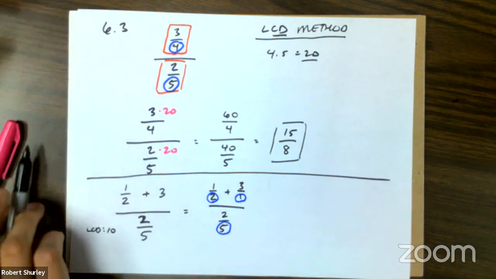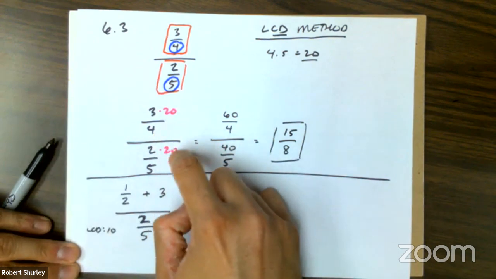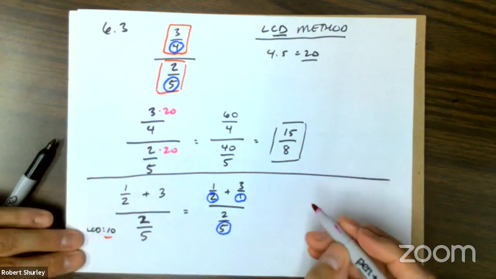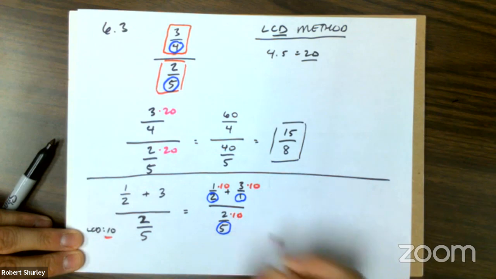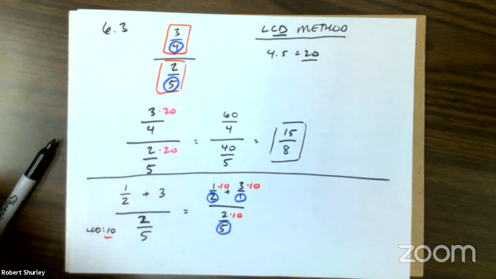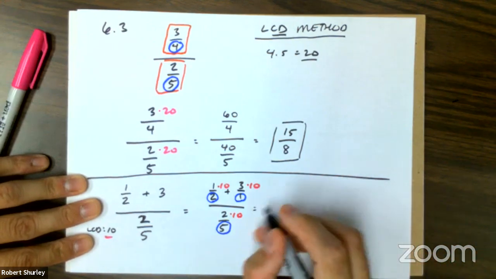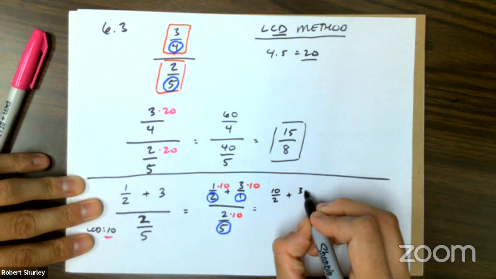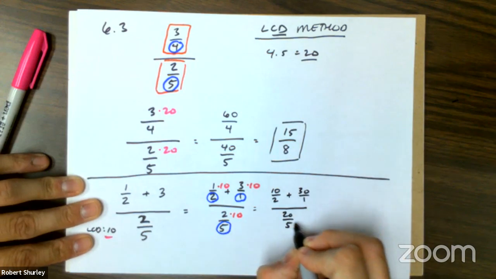That's really where it comes from, like that 20 is divisible by 4 and also by 5. So I'm going to multiply this 10 to each numerator. I'm going to make this smaller because I'll run out of room. I'd have 10 divided by 2 plus 30 divided by 1, all over 20 divided by 5.